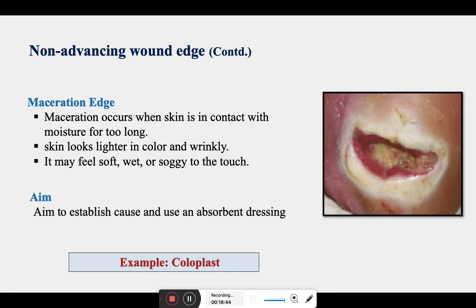That is normally when the exudate is moderate or high. Skin looks lighter in color and wrinkly, as you can make out in the picture. It may feel soft, wet or soggy to touch, and the aim is to provide an absorbent dressing, maybe a foam dressing or Coloplast, which we normally use in our practice, so that the exudate part is taken care of.